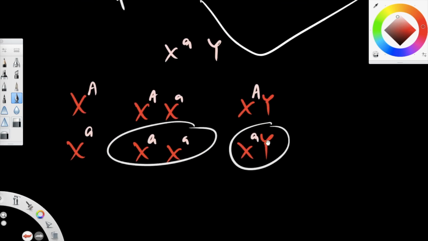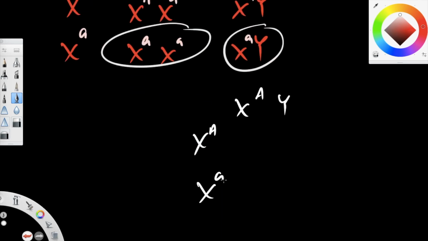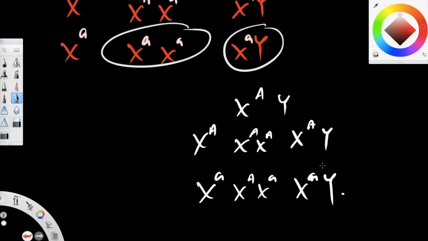Let's just see what happens if the father's unaffected and the mother's a carrier. We can see here that none of the daughters are affected. However, 50% of the males are affected.